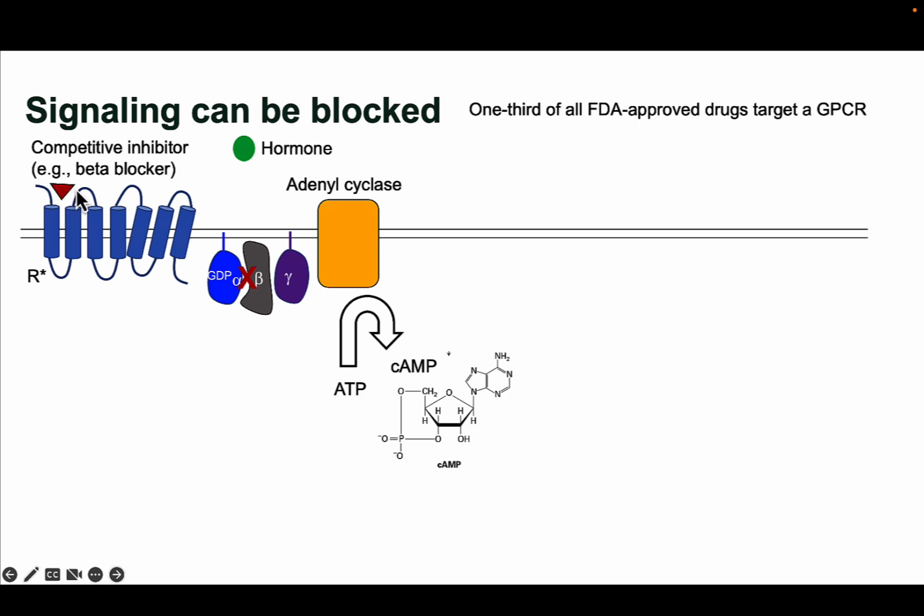And if you bound here, this wouldn't transduce this shape change. And so you wouldn't get activation of your trimeric G proteins. You wouldn't get activation of your cyclic AMP. So you wouldn't get, we call this downstream in signaling, any of these downstream pathways happening. And this drug is used to reduce the strength of heart contractions to lower blood pressure.